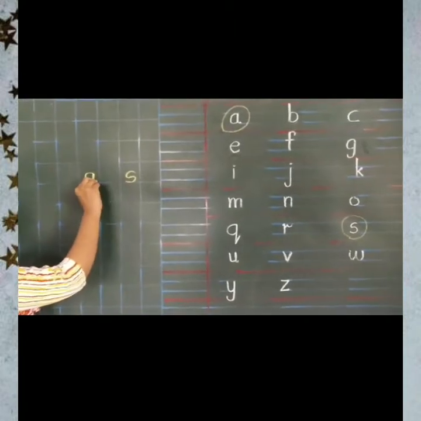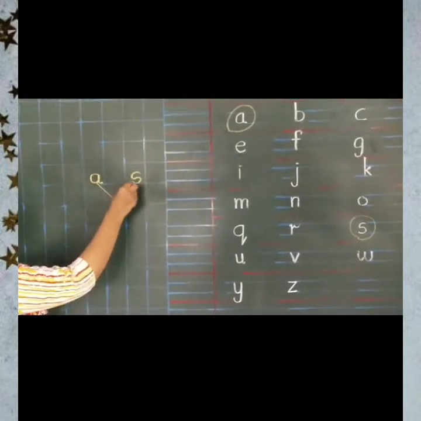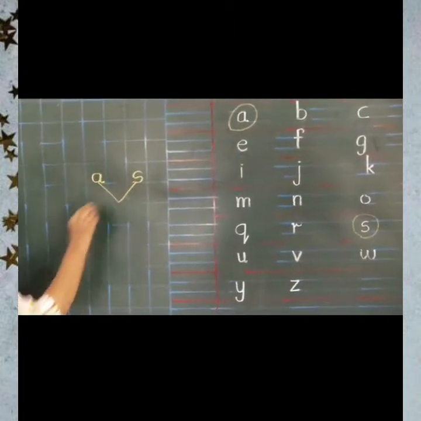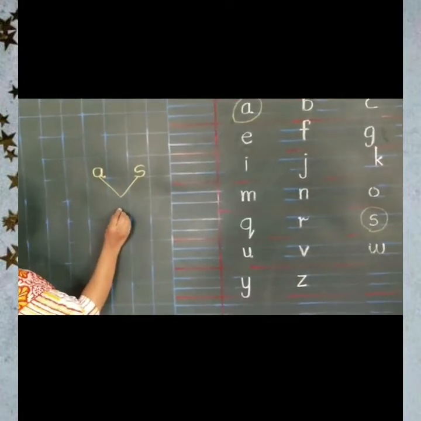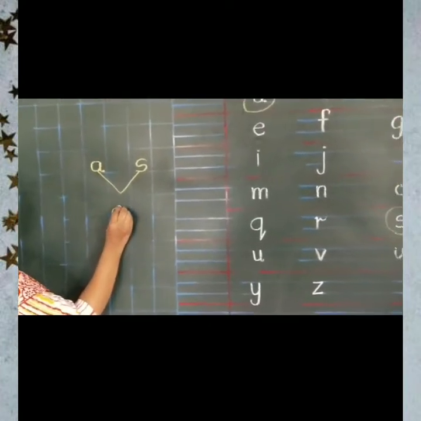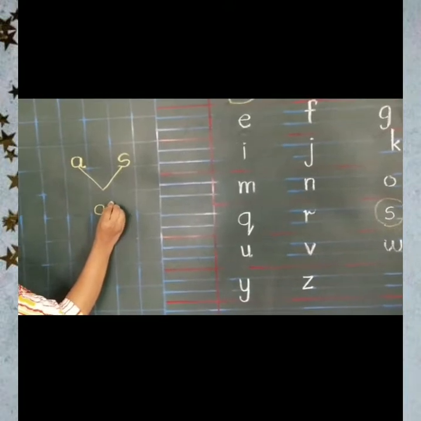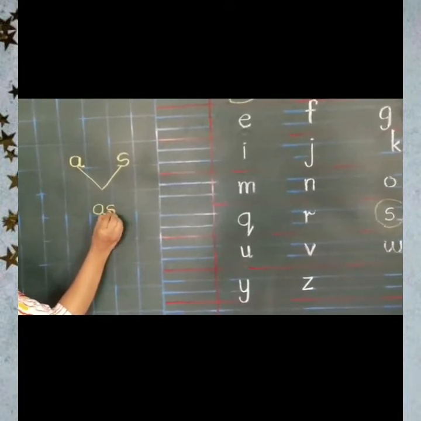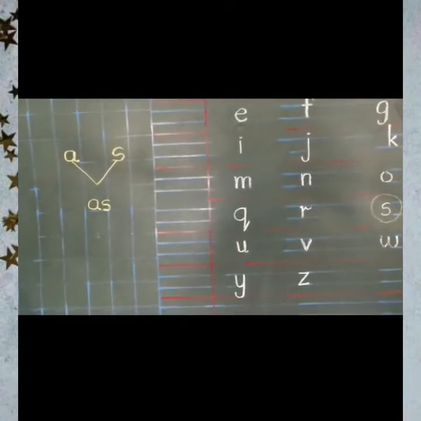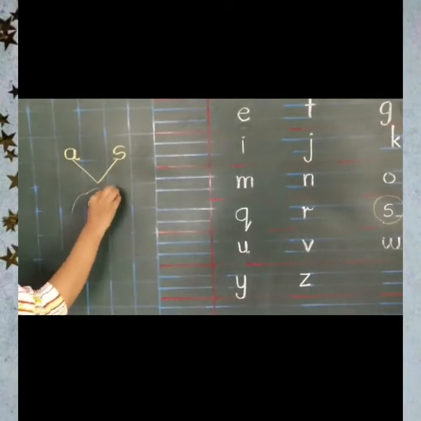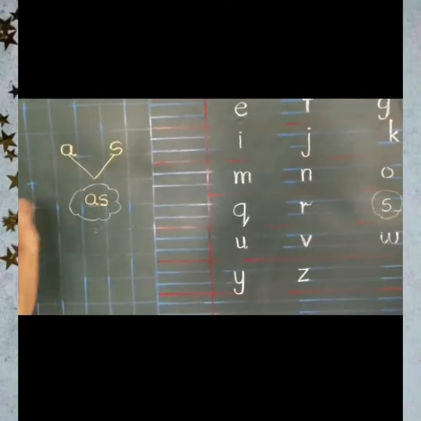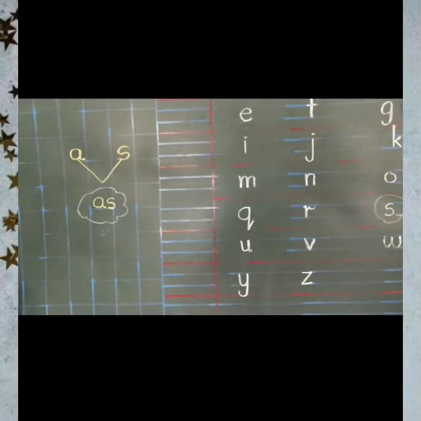So, when we will join A and S, which word we will form? A, S, S. Which word we got? A, S, S.